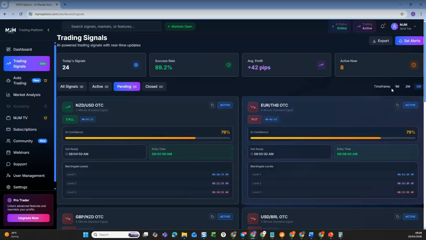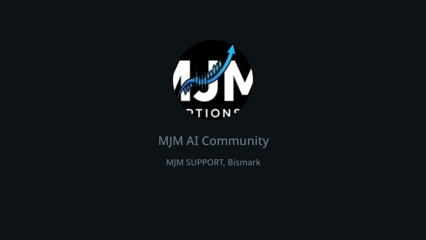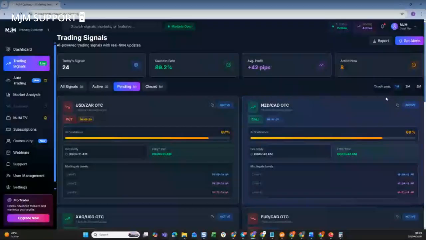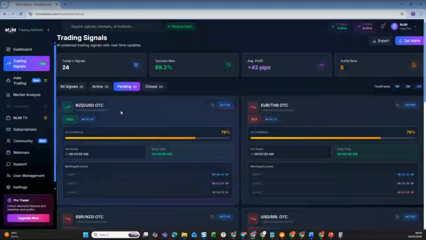If you click 1 minute standard signal, that means you're going to be trading for 1 minute. If you click 2 minute standard signal, that means you're going to be trading for 2 minutes. If you choose 5 minute standard signal, that means you're going to be trading for 5 minutes. That's basically what it means.